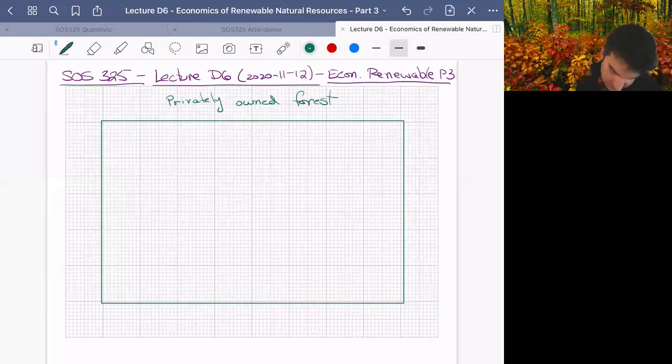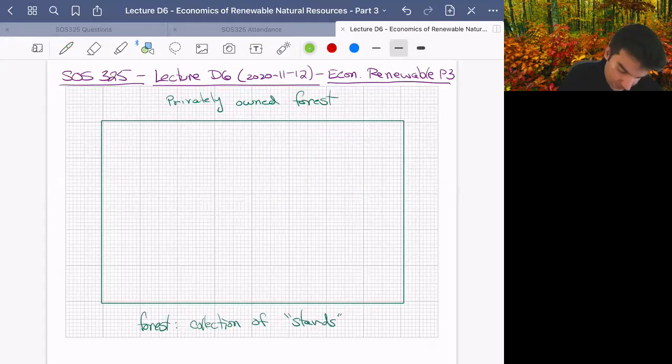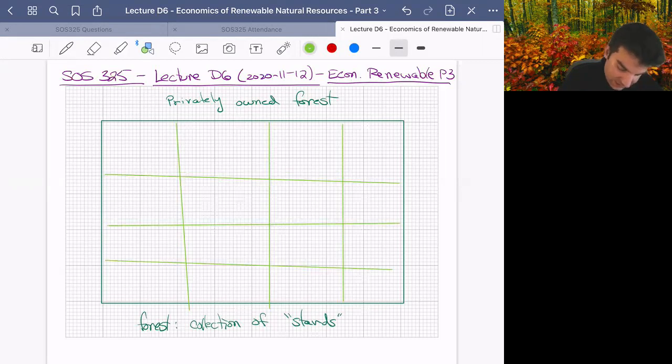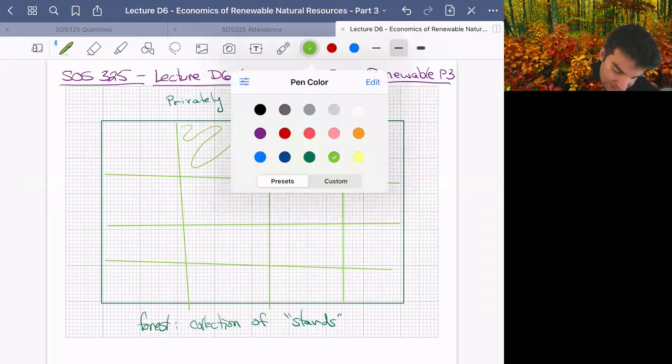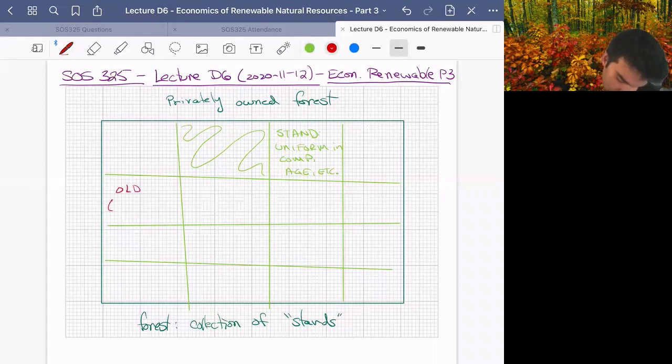And a forest is a collection of stands, so each stand is basically a unit of forest that is uniform, so you can think of each stand here as uniform in composition, age, etc. And so we're going to have some stands which are old, and so will be soon to be cut, whereas others are young and some are maybe moderate age.